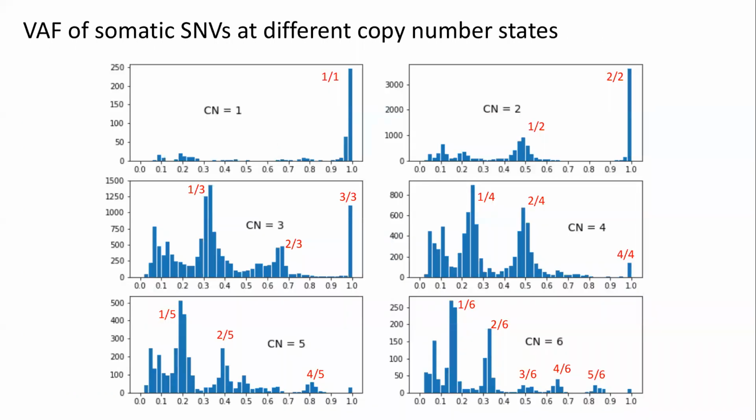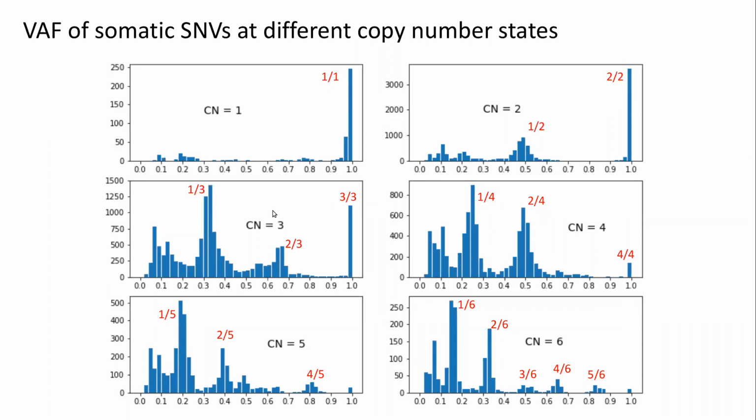If you look at the variant allele frequencies at regions of the genome with different copy number states, it's clearer that where the copy number is 1, you have mostly mutations with about 100% allele frequency. At copy number 2, you have peaks at 2 out of 2 and 1 out of 2.